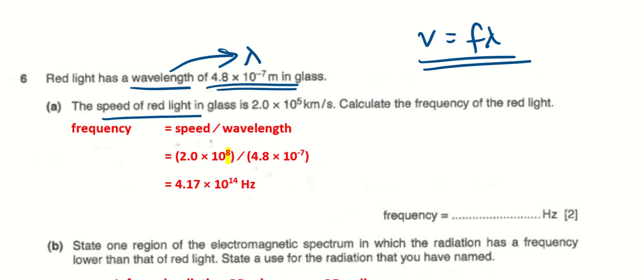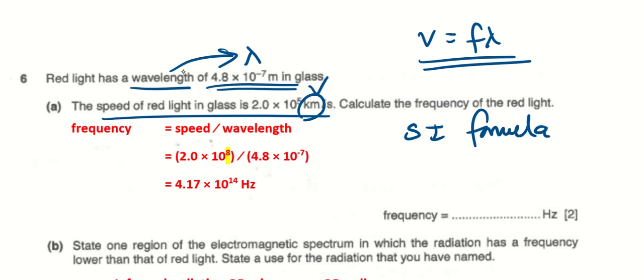Now the speed is then this. What is the trick here? Km per second, no? If you are not careful, you will just use it as km per second. But this is an SI unit formula. That means everything must be in SI units, which means my V must be in meters per second, frequency must be in hertz, and my wavelength must be in meters.